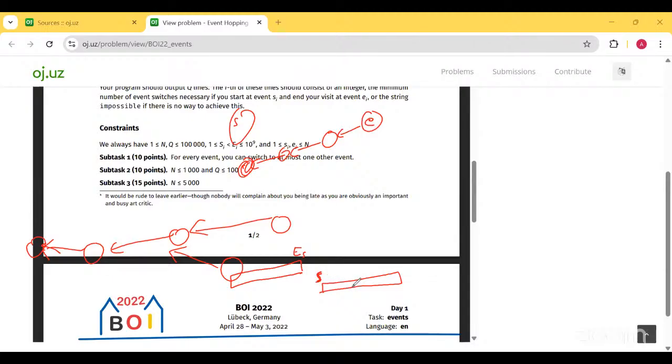So it means if it goes to the parent and now the S of the parent is less than or equal to ES, it means we always can go here, right? All right.